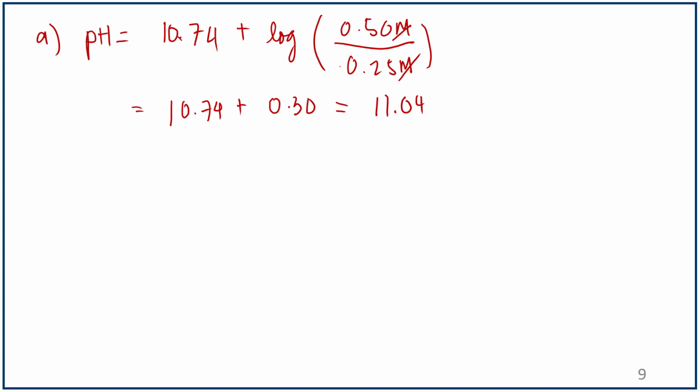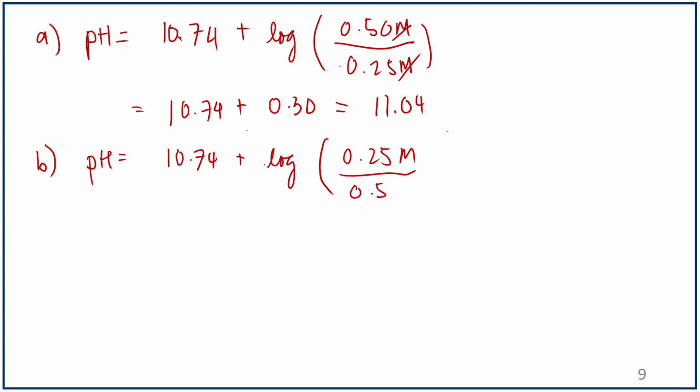Letter B, we have pH is equal to 10.74 plus log of 0.25 molar over 0.50 molar. This one is going to be equal to 10.74 minus 0.30, which is equal to 10.44. Let's rewrite that up there because I need some space.